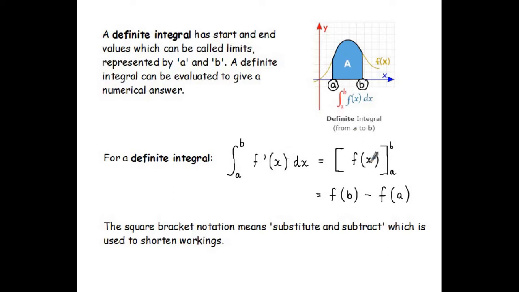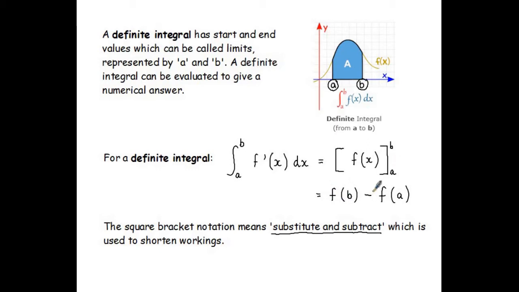You integrate it exactly the same way, but you can see you put it in these square brackets here and you put your limits on either end. Now, we use these square brackets for a reason. They actually mean substitute and subtract. So everywhere where you have an x, you substitute your first limit in to create a function, as we call it.